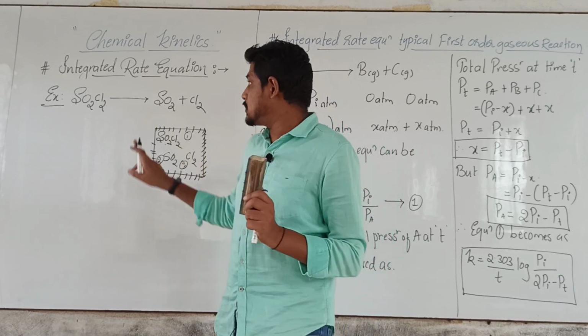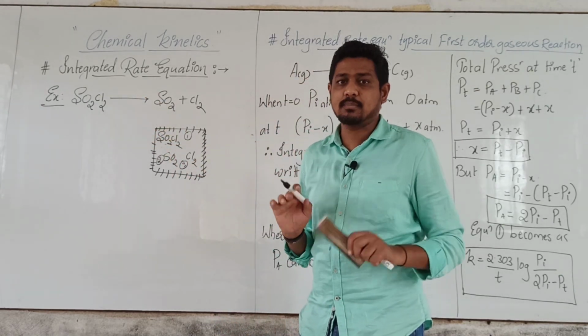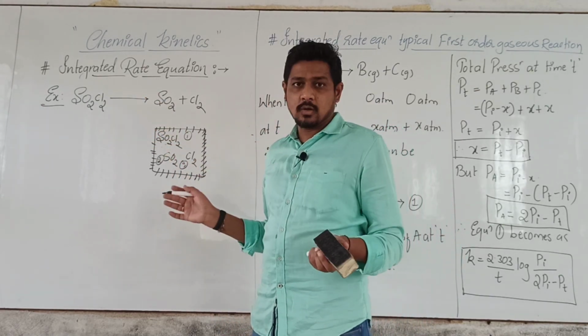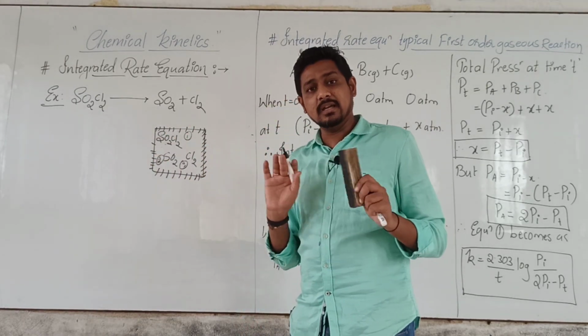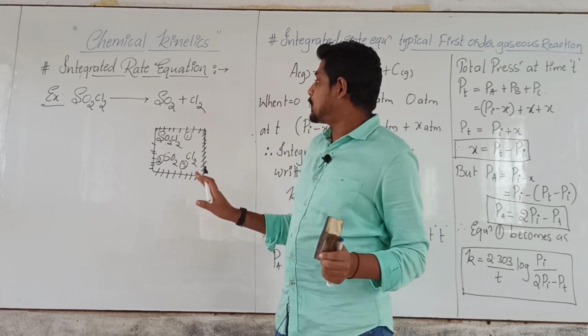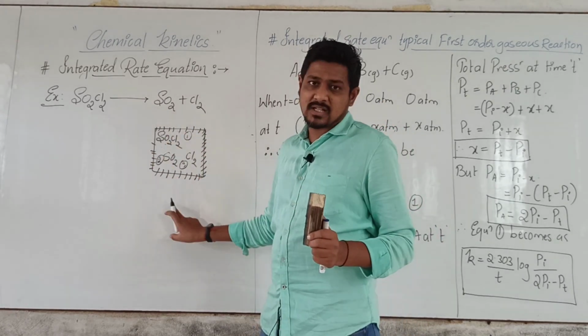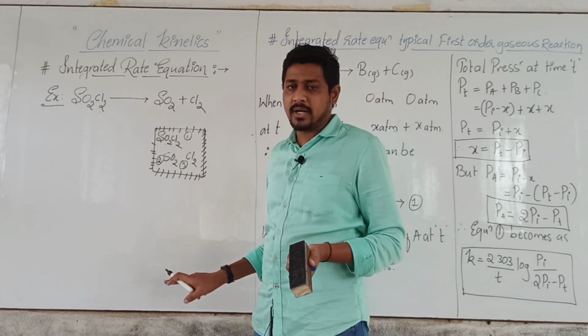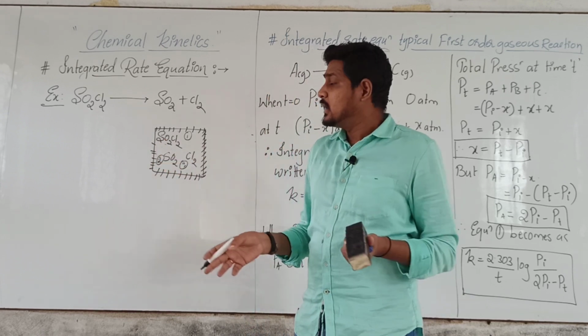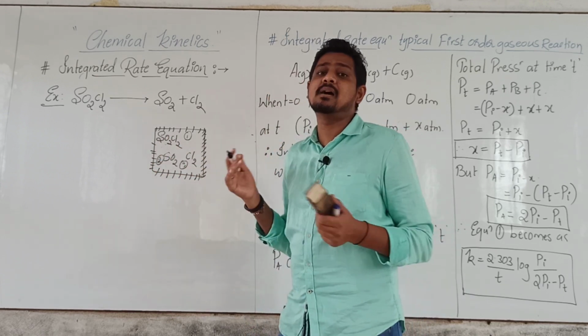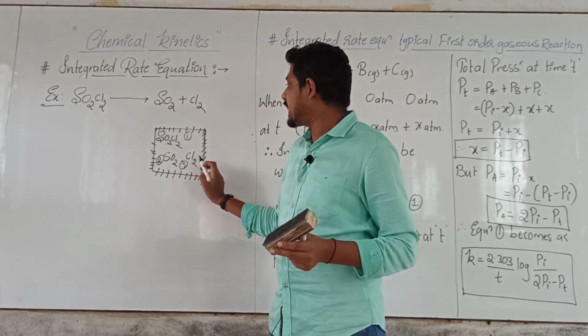Let me explain again with this example what is happening. When time is equal to 0, only one component, sulfuryl chloride, is there. So in the initial state, the pressure exerted on the walls of the container is because of only sulfuryl chloride. After 10 seconds, this sulfuryl chloride has decomposed into sulfur dioxide and chlorine.